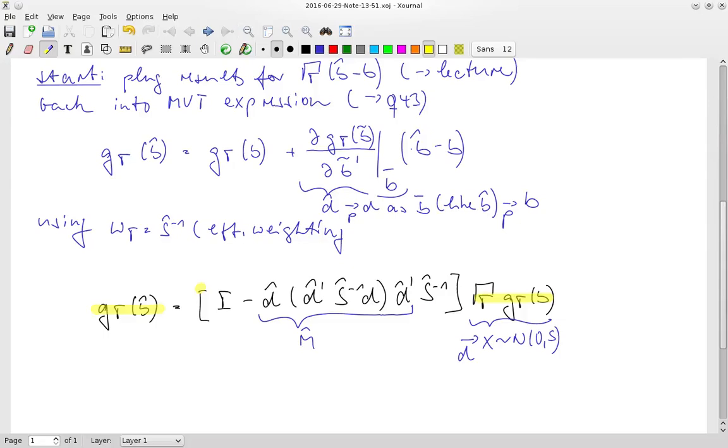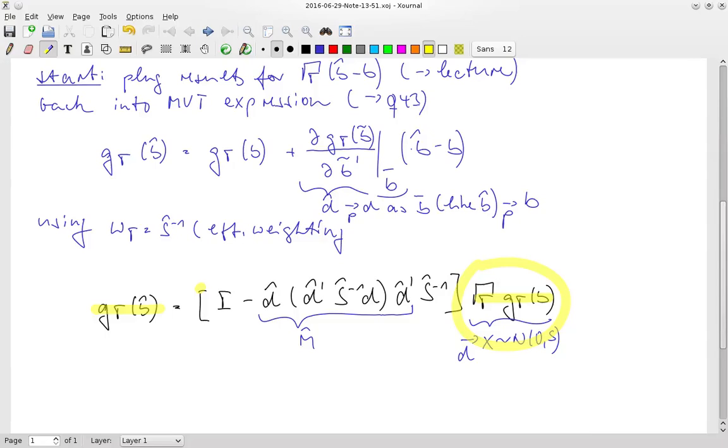So what I have is a random vector, this guy here, which has n linearly independent random variables, and I multiply it with an n by n matrix, and I produce linear dependencies in g_T of b hat.